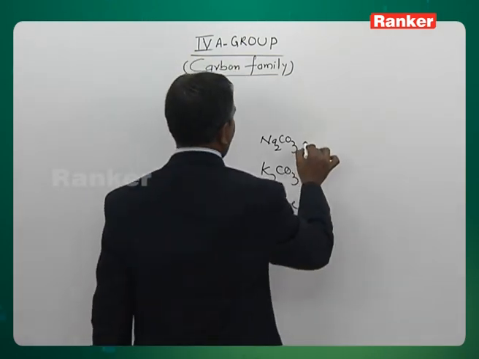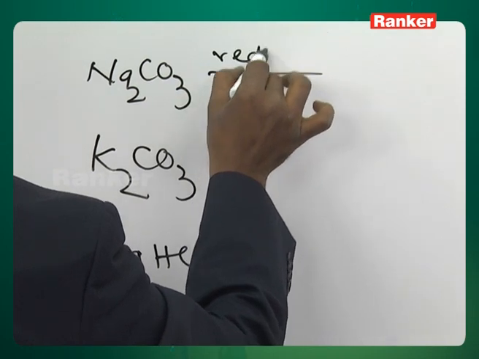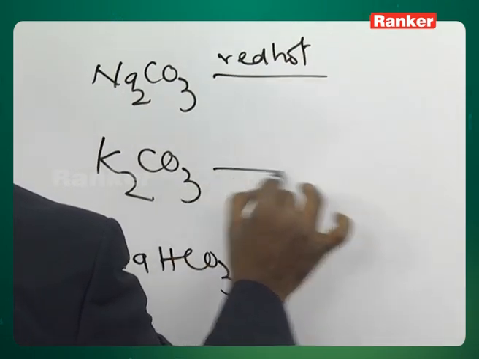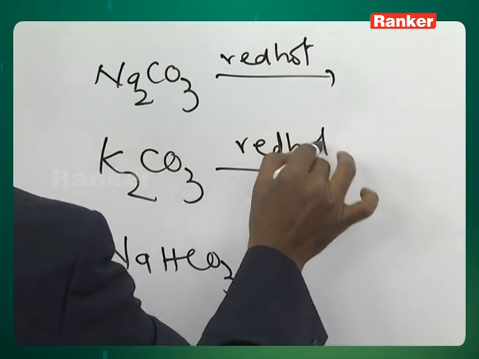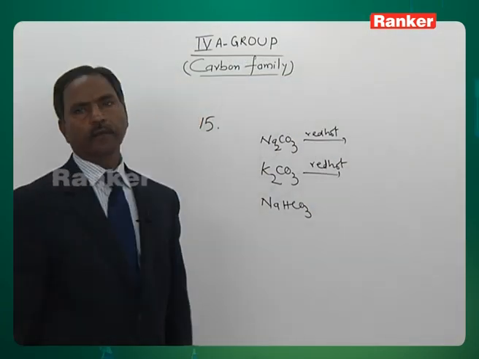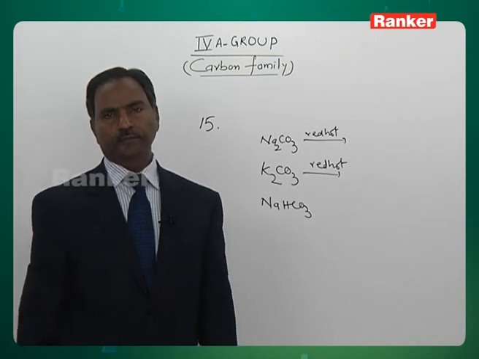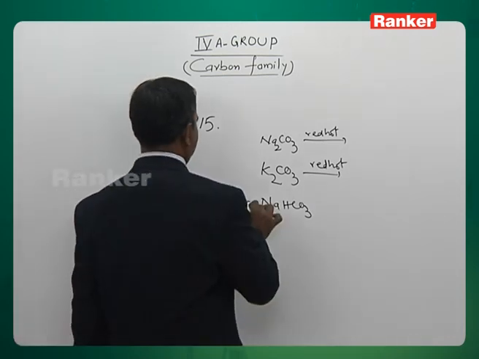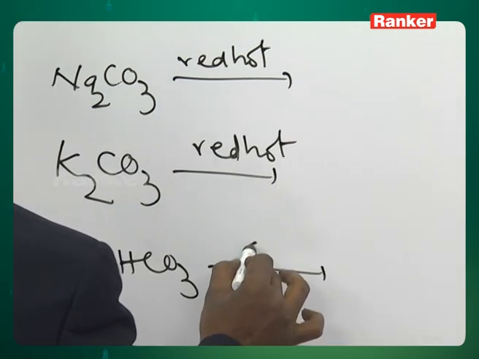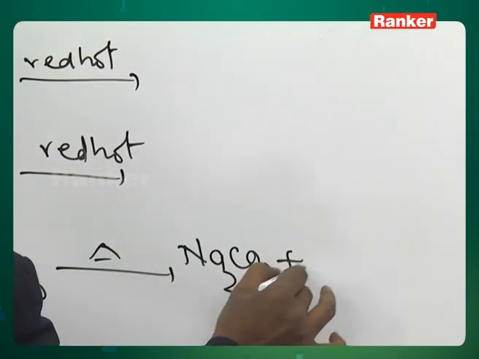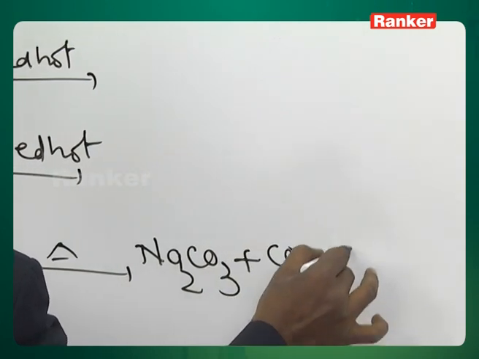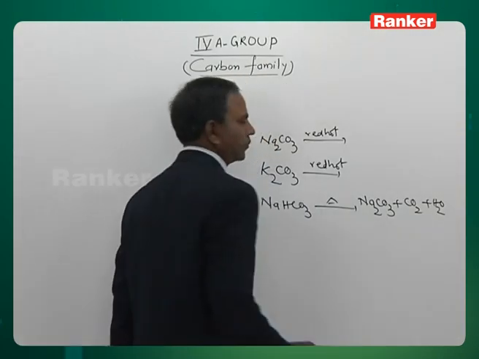Only on red hot heating do they give carbon dioxide. Potassium carbonate is more stable still. And sodium bicarbonate on little heating simply decomposes to produce sodium carbonate plus CO2 plus H2O.